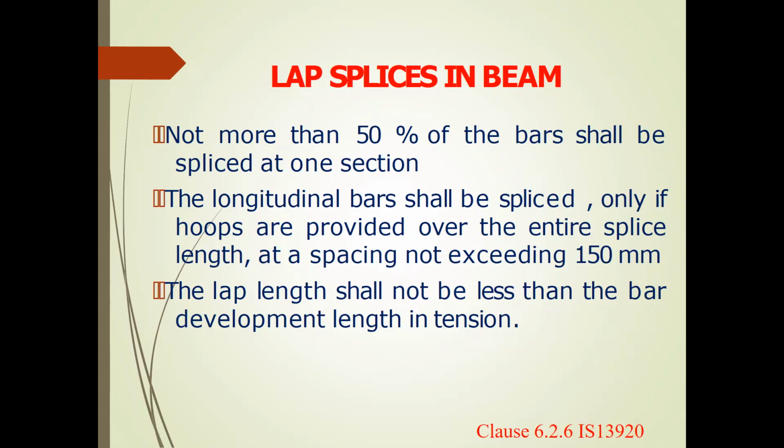Longitudinal bars shall be spliced only if hoops are provided over the entire splice length, at spacing not exceeding 150 mm. The lap length shall not be less than the bar development length in tension.